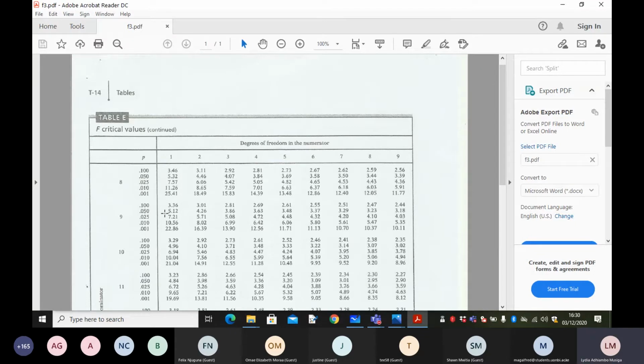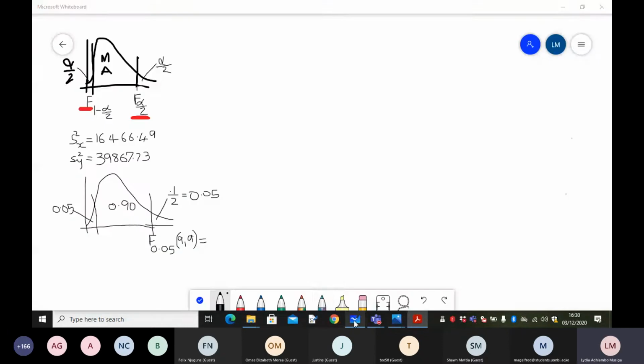This is where we are. We move along, we see 5.12, and we go on until we see 3.18. So F 0.05 with 9, 9 degrees of freedom is equal to 3.18.